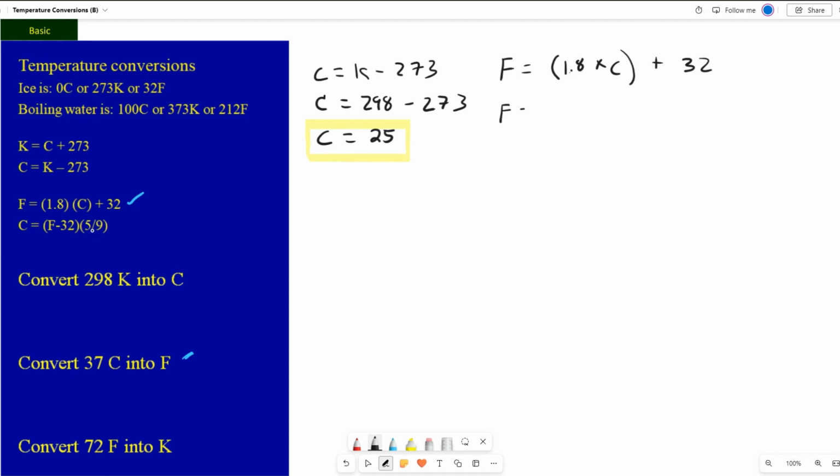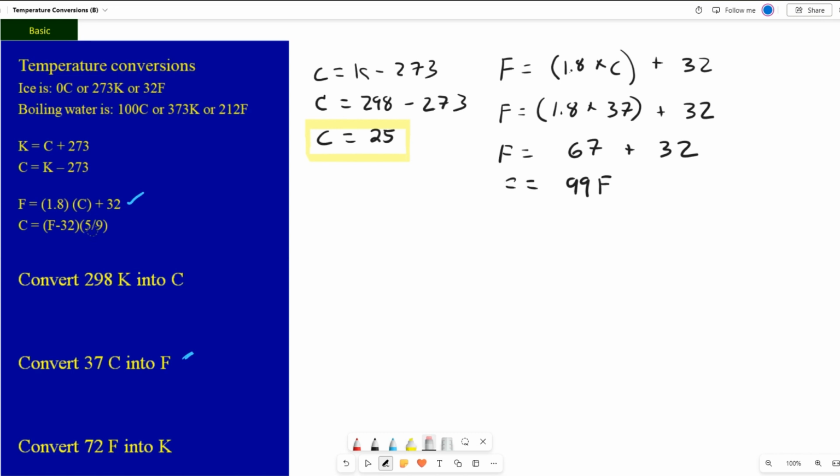So Fahrenheit is equal to 1.8 times 37 degrees for this problem plus 32. If you take 1.8 times 37, you get 67, plus 32, and Fahrenheit will be equal to 99 degrees. So 37 degrees Celsius is equal to 99 Fahrenheit.